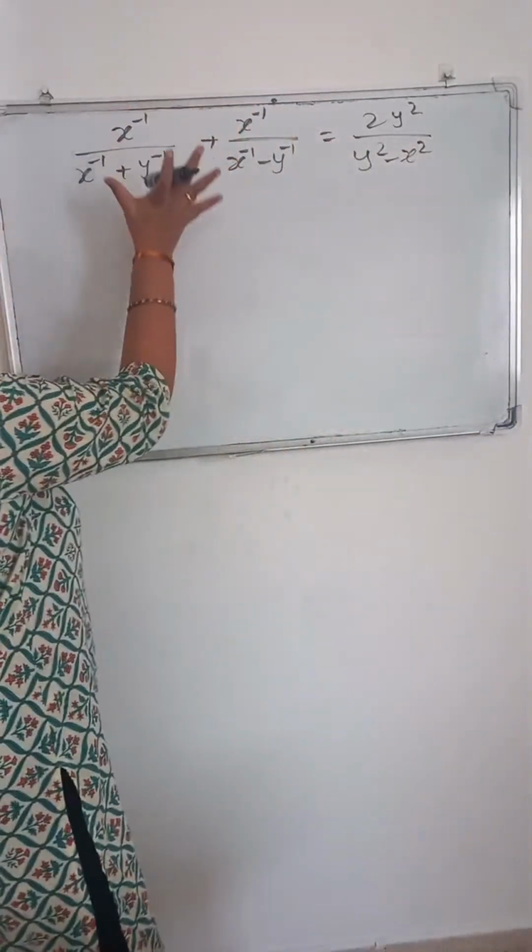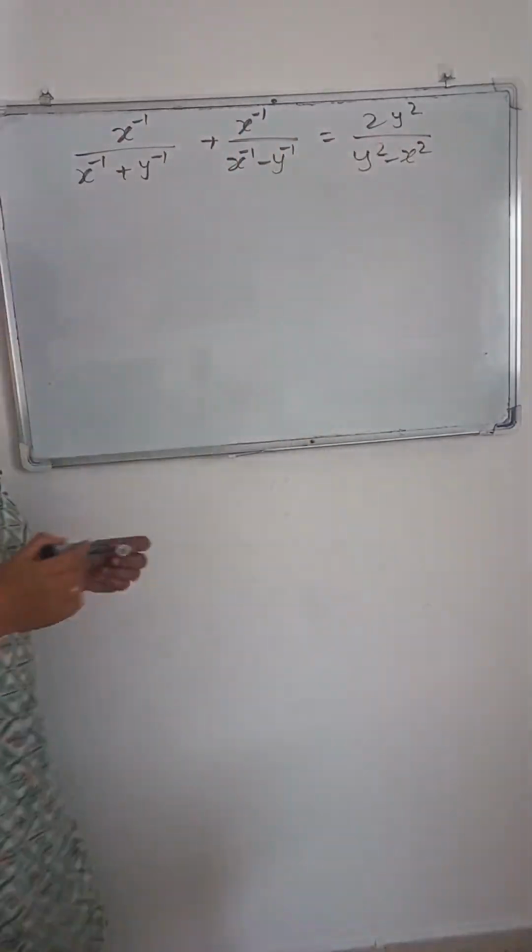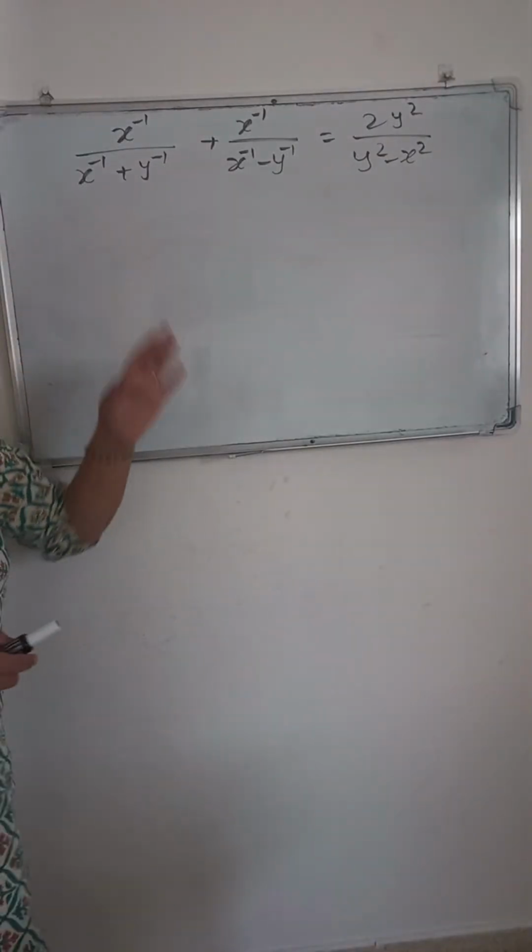So we have to prove that LHS is equal to RHS. They mostly ask this question for 3 marks.